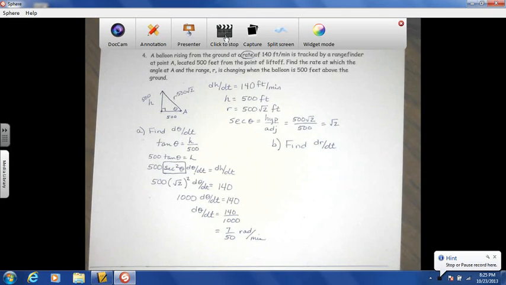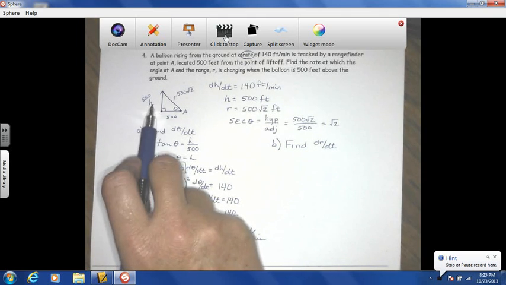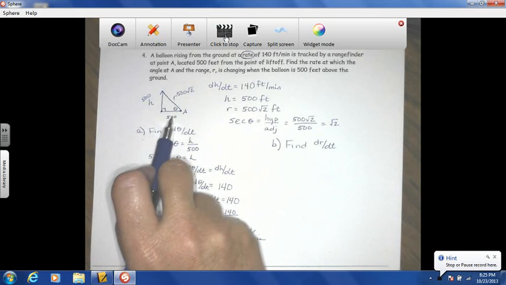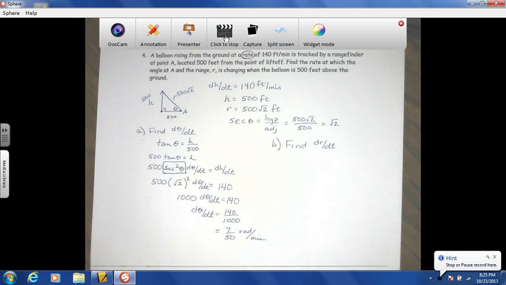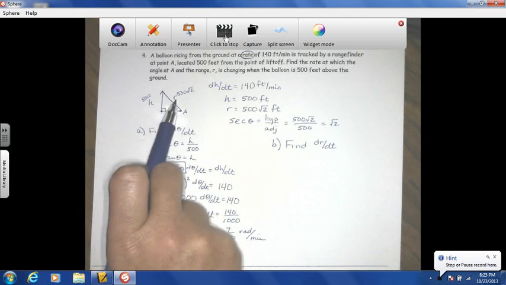So once again, I'm going to go to my picture, and I'm going to find a relationship between r and the other information on the picture. Although there are a lot of different formulas that you could come up with, probably the one that most people would use would be Pythagorean theorem.